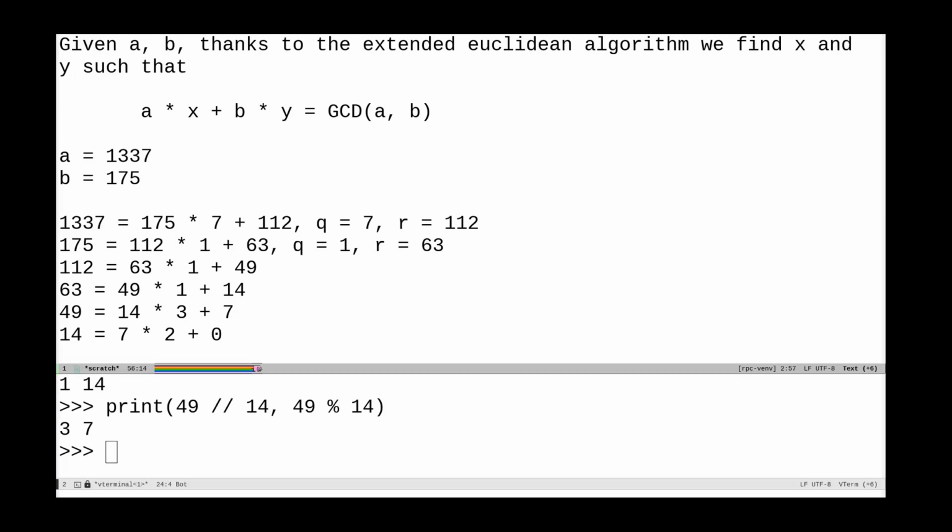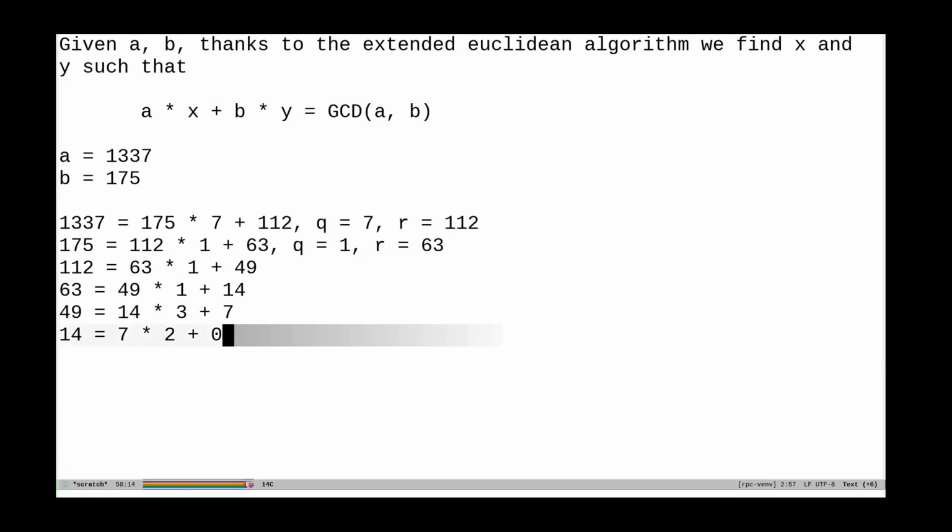So the first step is to just keep doing these divisions with your calculator until you find a remainder of 0. At that point, you stop. We don't care about this last equation; we start from the other ones.